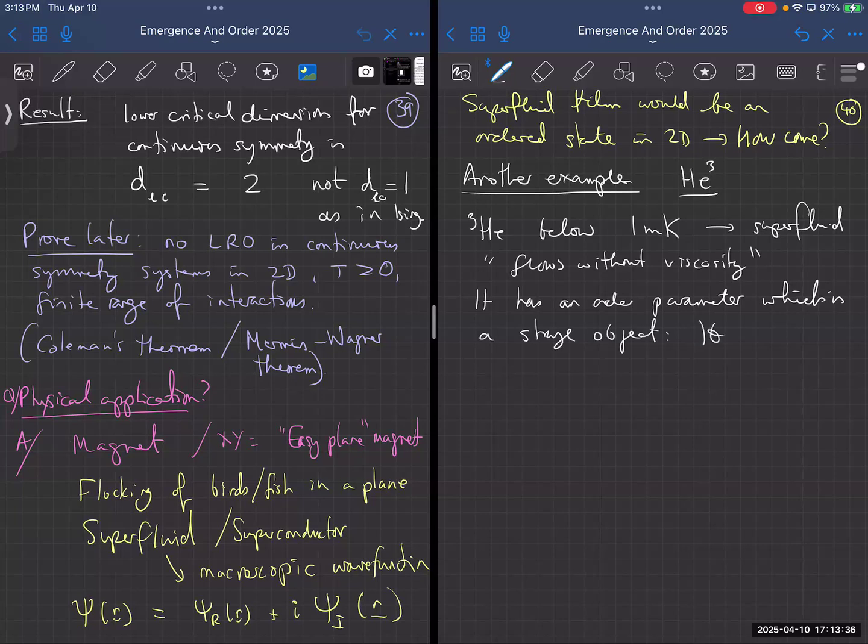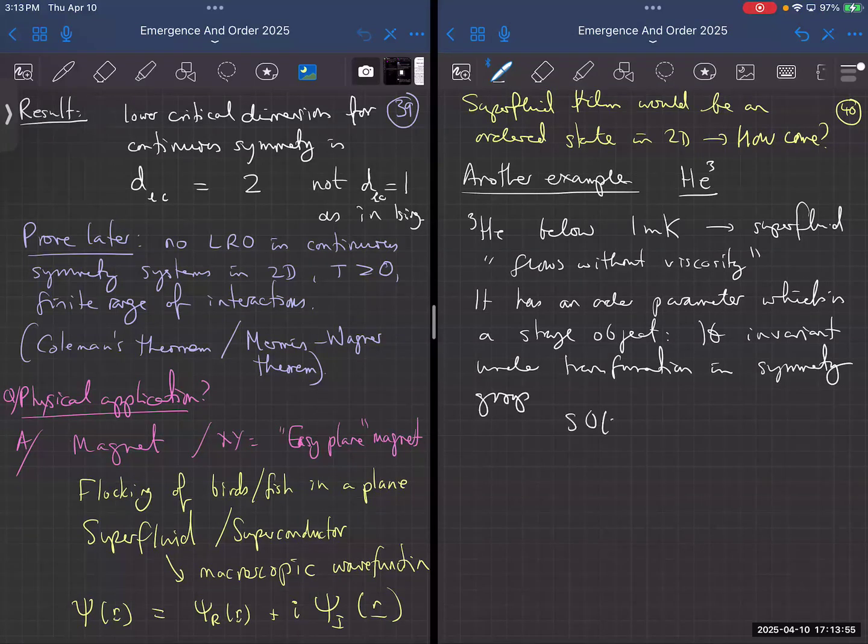In other words, the Hamiltonian is invariant under transformations in the symmetry group SO3 cross SO3 cross O2, or U1, same thing.